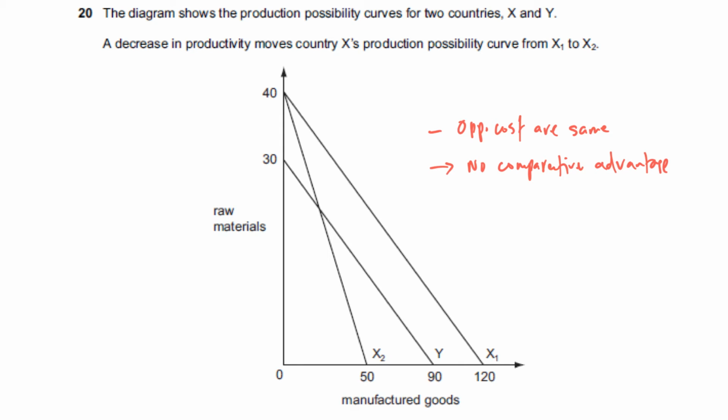So if you can find the opportunity cost for X2, it's 40 of raw material is equal to 50 of manufacturing, which means 1 R is equal to 5 by 4 M.